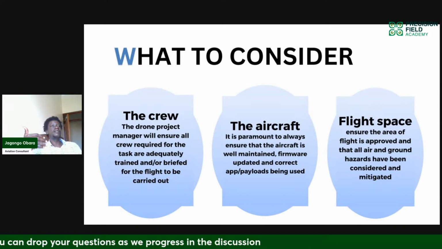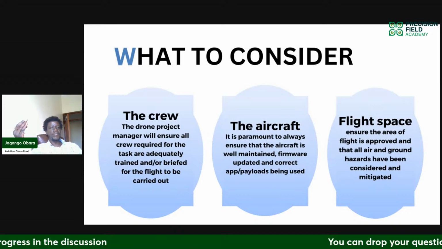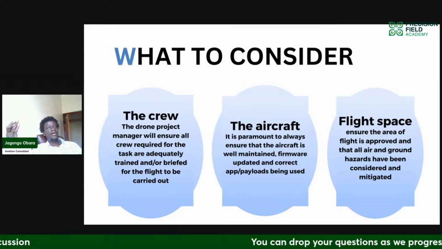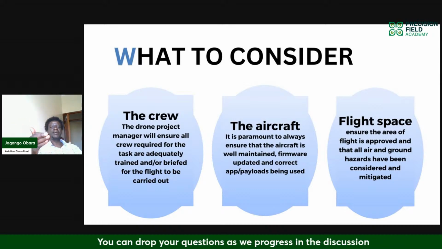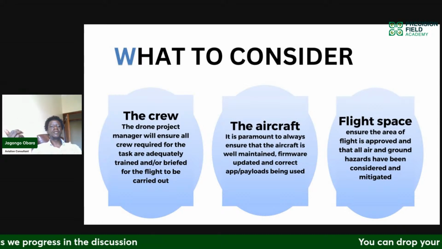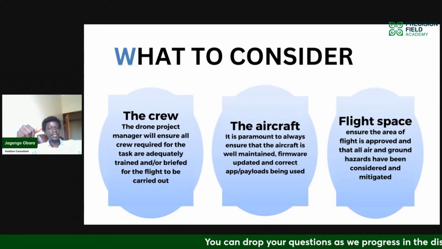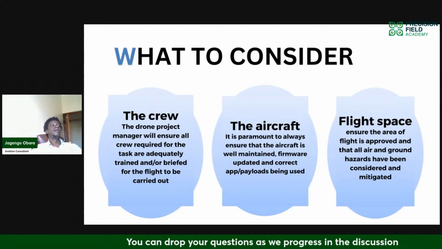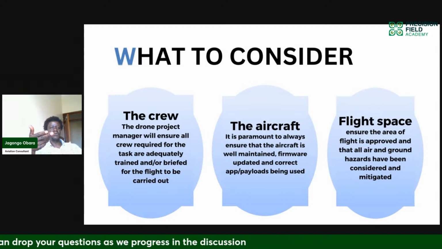In Uganda, for some strange reason, there's an excess of crows. Crows might not necessarily be a hazard, but we need to be aware that these are also intelligent animals. A crow might consider your drone as a threat or as a bigger bird that is invading its territory. And so it might instinctively want to attack your aircraft or your drone.